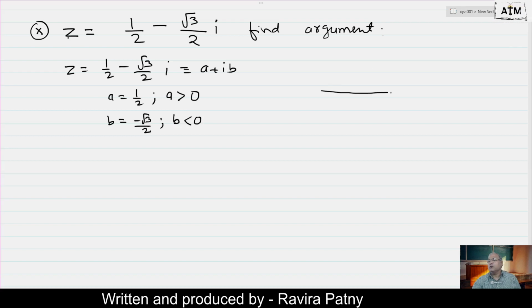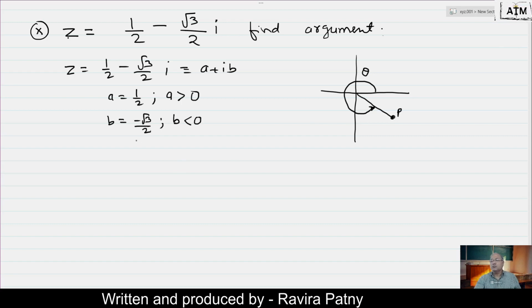So this will come in the fourth quadrant, point P, and this is the required argument. We need to find theta.